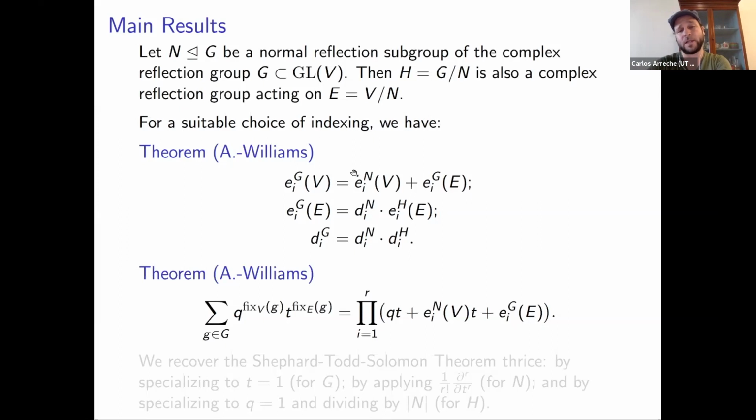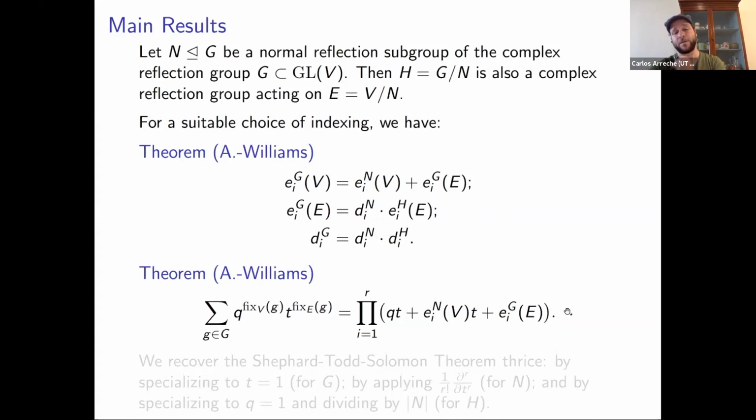So these equations were actually discovered by my co-author Nathan Williams in an earlier work called Exponents, and he had found a case-by-case proof where he witnessed many instances of this kind of phenomenon, and now they're explained in a case-free way in general.